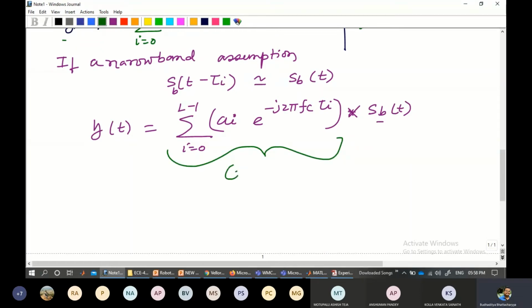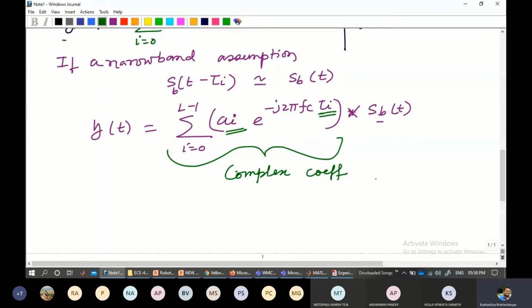This is a complex coefficient of the channel. Why is it a complex coefficient? Because you have the amplitude which comes from a_i, which is from the multipath channel, as well as the time delay associated with it, that is, how much delay each and every multipath component is facing.